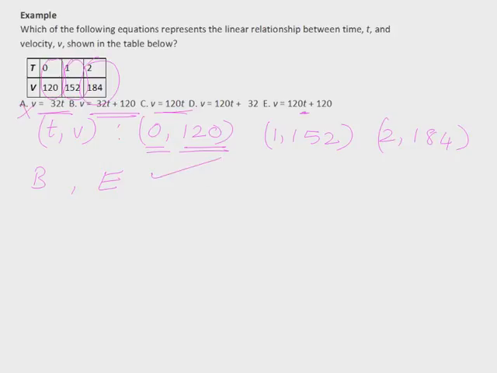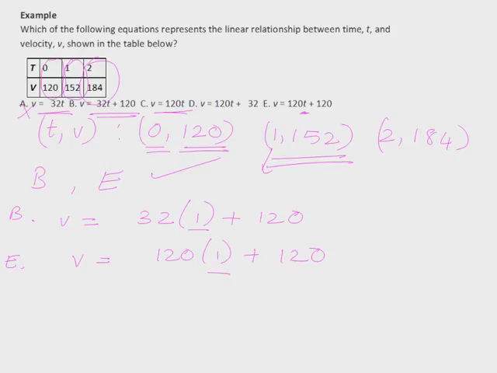So I need to use one more value to check which of B and E is true. Let's try it. I'll plug in t equal to 1. So I'll get v equal to 32 into 1 plus 120 for B. And for E, I'll get v equal to 120 into 1 plus 120.